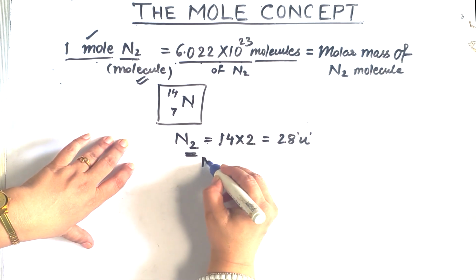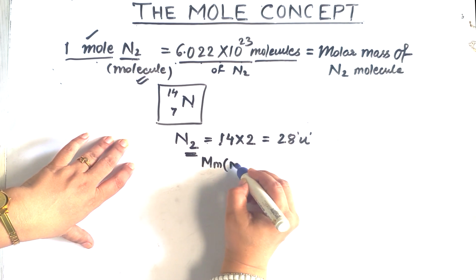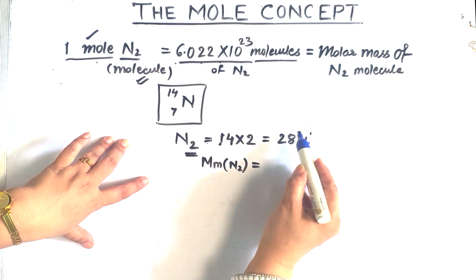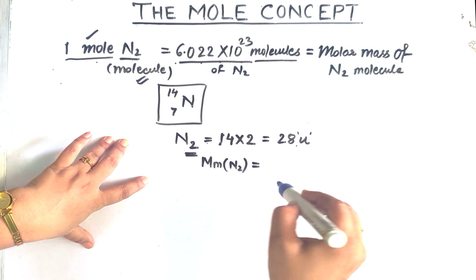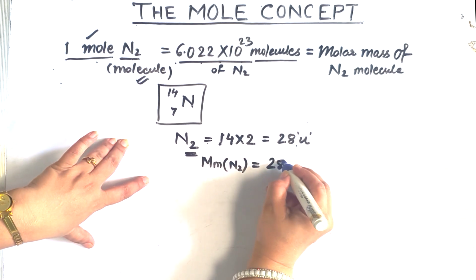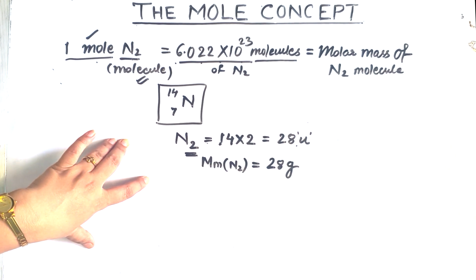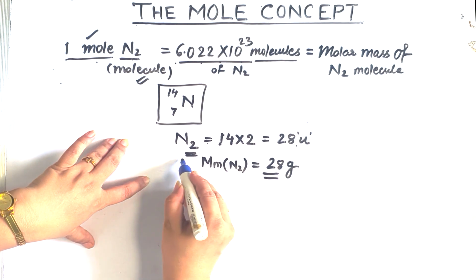But what is the molar mass? Molar mass of nitrogen will be the molecular mass of nitrogen in grams. That is, I will take it as 28 grams. So this is the molar mass of nitrogen.